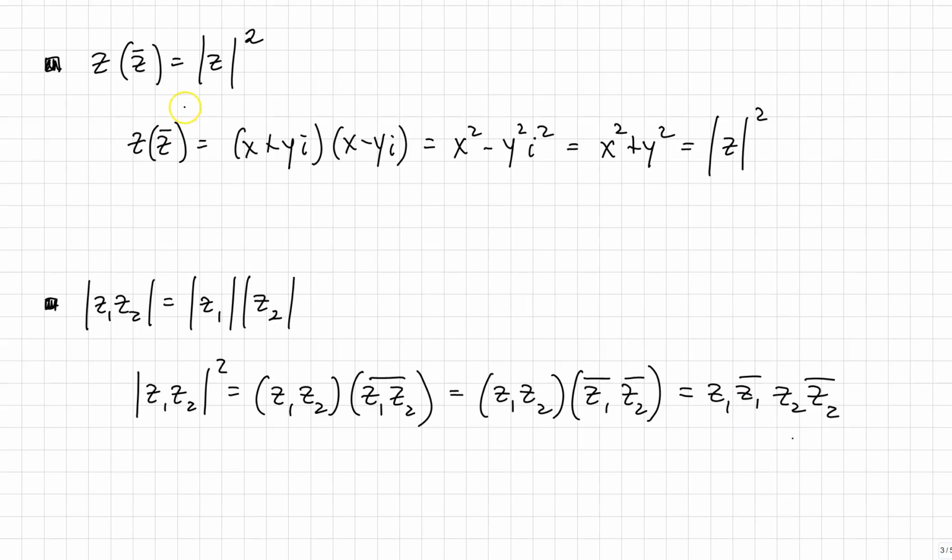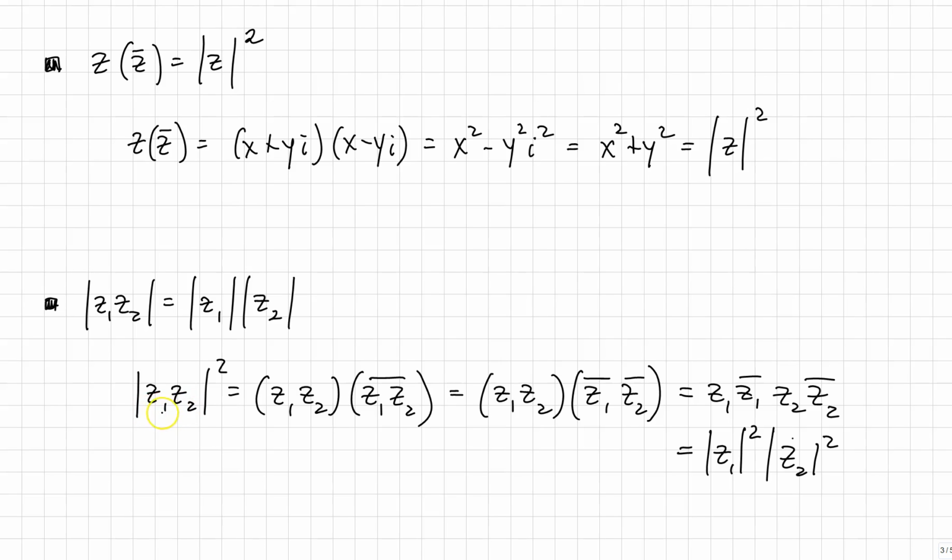And again, using the property right above, z1 times z1 bar is the modulus of z1 squared, and the other one would be the modulus of z2 squared.